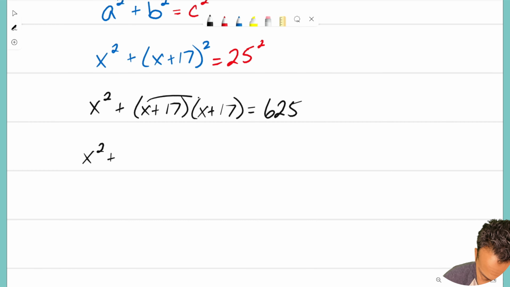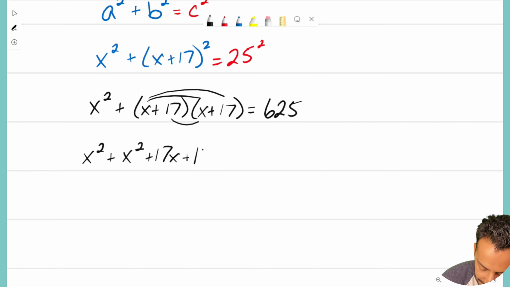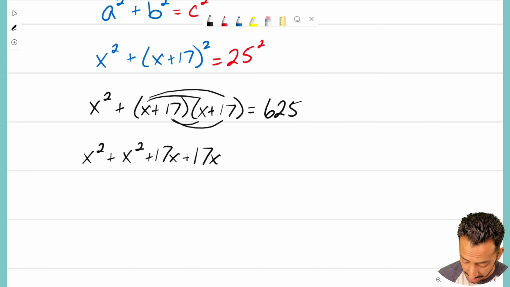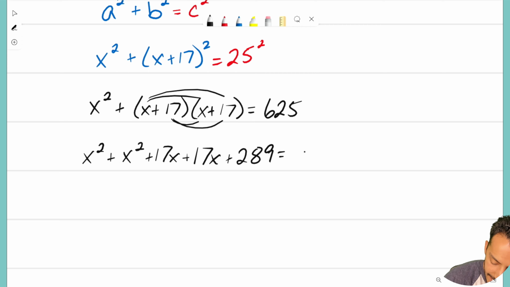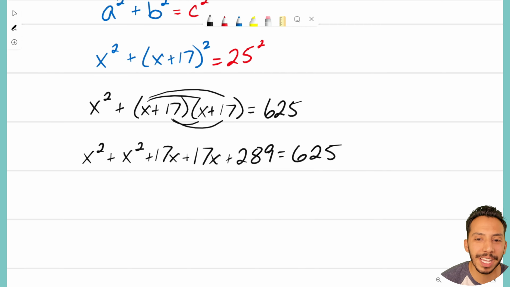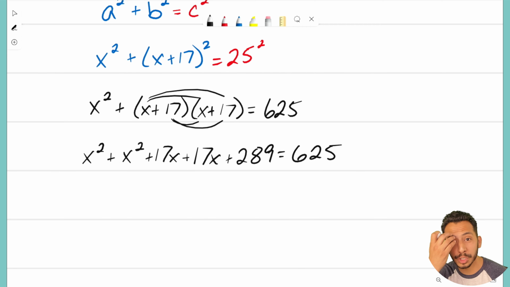So I could do x times x, that's going to make x squared. X times 17 will make 17x. Underneath, 17 times x is going to make 17x. And then 17 times 17, ooh, I don't even know that one off the top of my head. But it's okay, we got a calculator here. We'll plug that in. 17 squared, that makes 289. It still equals 625. So we're doing good here.